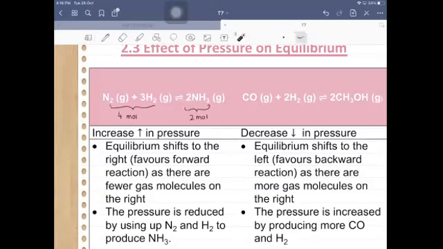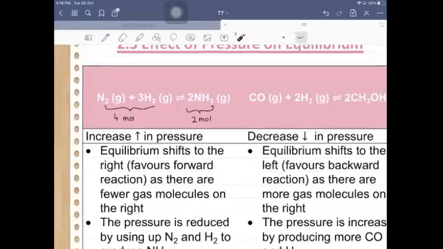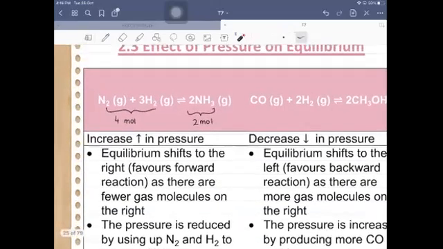Before I go on to the explanation, what happens when I increase the pressure? If I increase the pressure, Le Chatelier would want me to reduce it, right? Because it has to do the opposite. So how do I reduce the pressure of a reaction? By moving towards the smaller number, so that I have fewer molecules, therefore lower pressure.